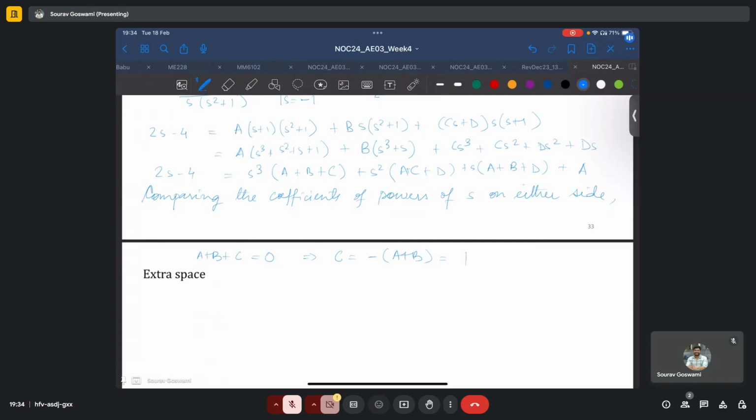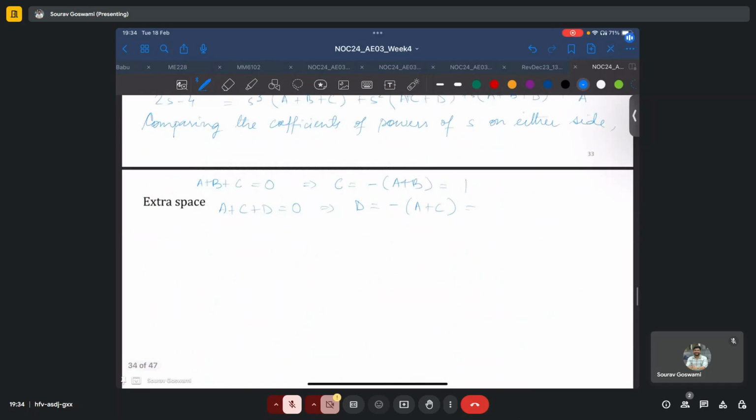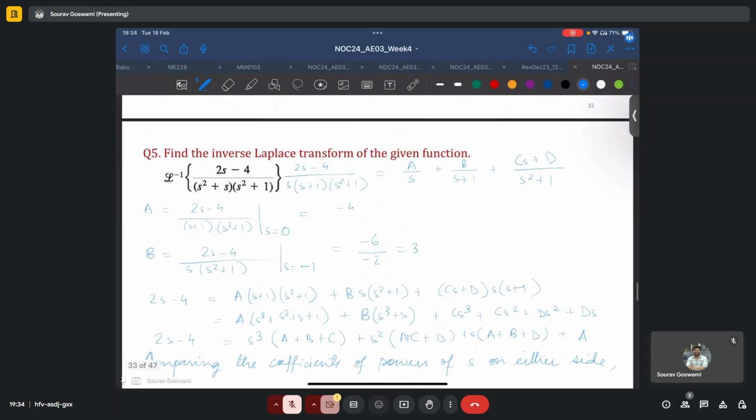And if we compare the coefficient of s square, a plus c plus d is again 0, which implies that d is the negative of the sum of a plus c. A is minus 4, c is 1, minus 4 plus 1 is minus 3, so d is 3. And so what we have done is we found all these coefficients.